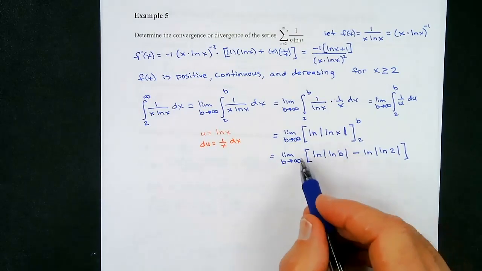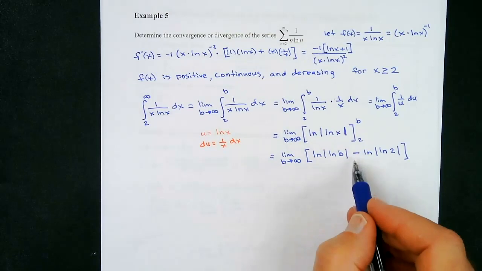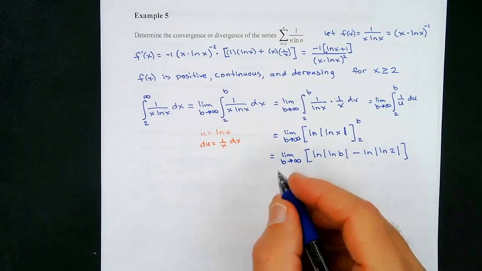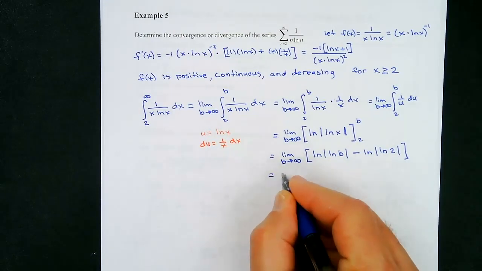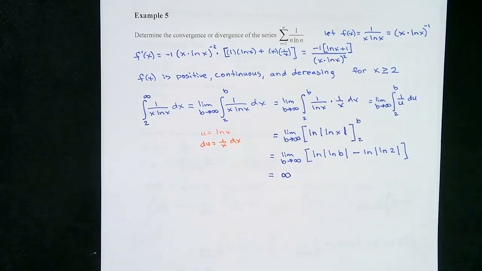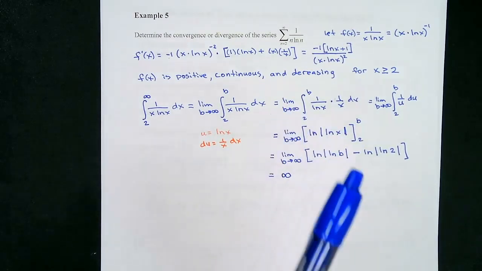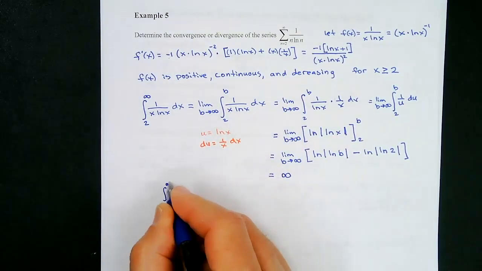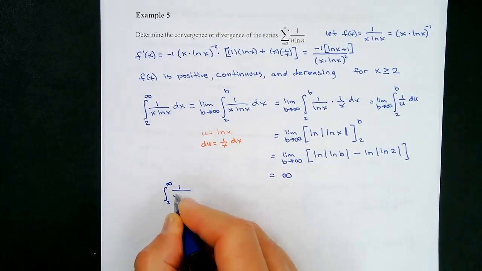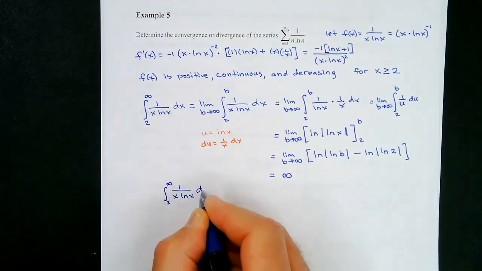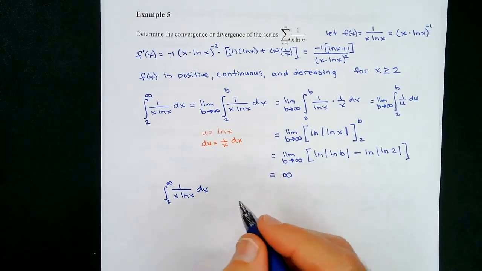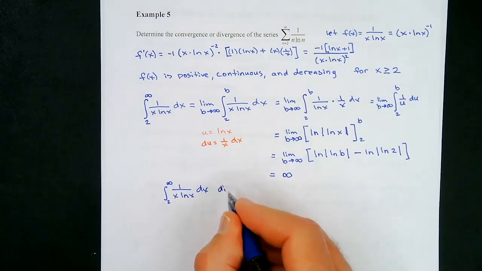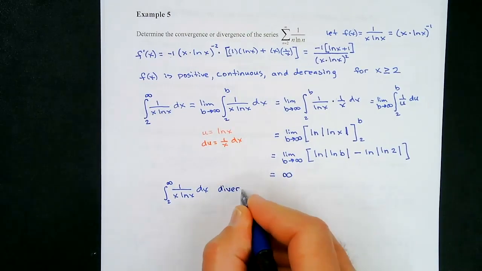So this whole thing is going to infinity minus a constant, so it's infinity minus a number, which is just still infinity. That means this improper integral, the integral from 2 to infinity of 1 over x ln of x dx, is equal to infinity. That tells us that this integral diverges.